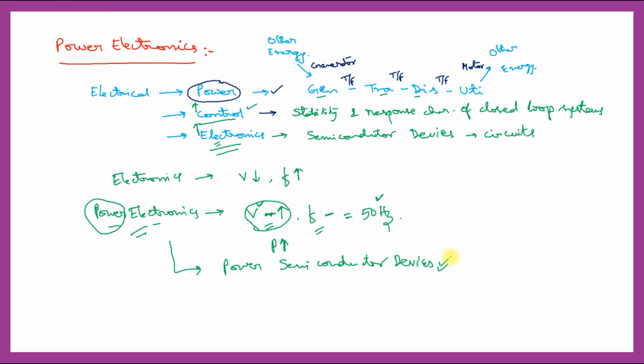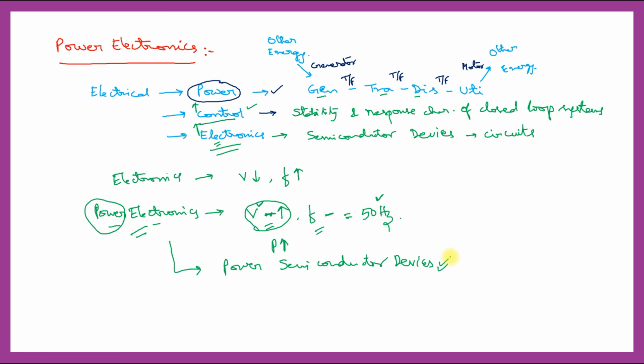But nowadays we are utilizing power electronics in domestic applications also, and in very small applications also, because the cost of power semiconductor devices came down to a very low level, with the advancement of so many things. And I will see what those things are, with what advantages we are getting this reduction in price.